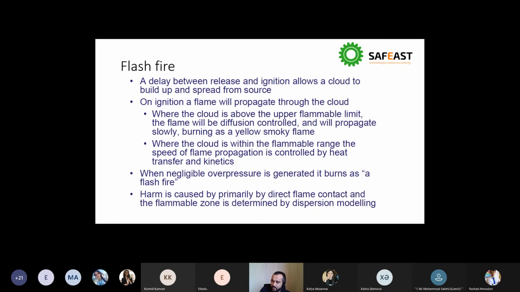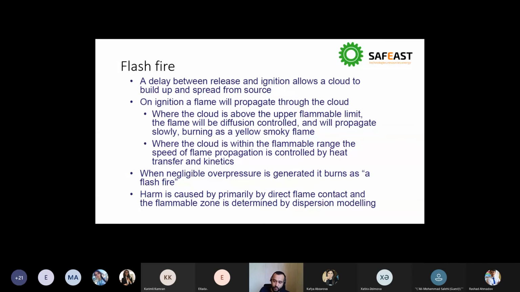But when the cloud is within the flammable range, the speed of the flame will be controlled by heat transfer and kinetics. For a flash fire to occur, there shouldn't be any congestion or confinement, so it always happens in the open area. It doesn't create any overpressure, or it creates very negligible overpressure which you can ignore.